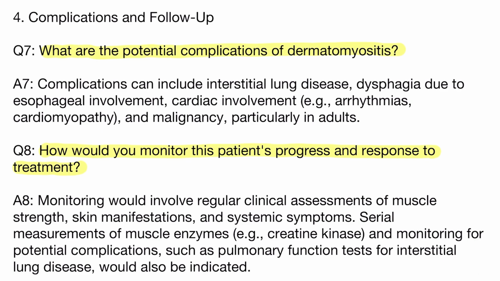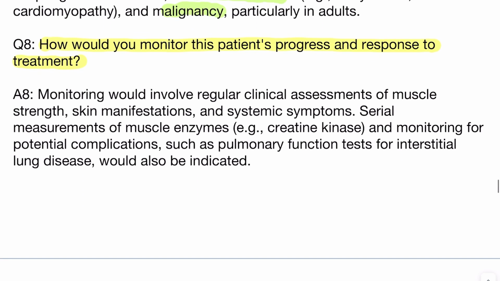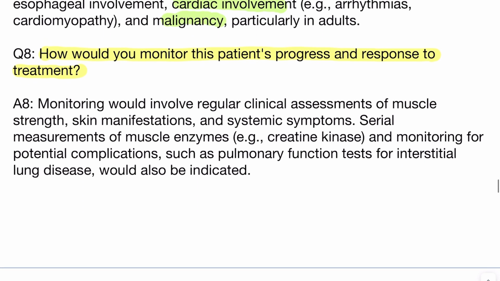What are the potential complications of dermatomyositis? The complications include interstitial lung disease. There may be dysphagia because of esophageal involvement, or we may have cardiac involvement which can cause arrhythmias or cardiomyopathies, and malignancies, particularly in adults. How do you monitor this patient's progress and response to treatment?